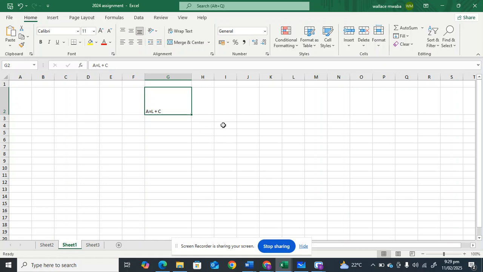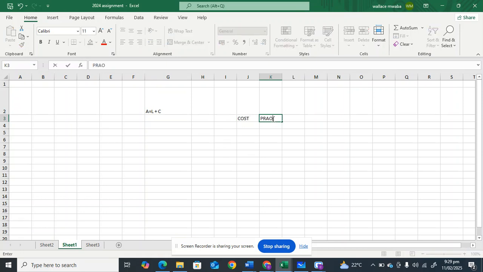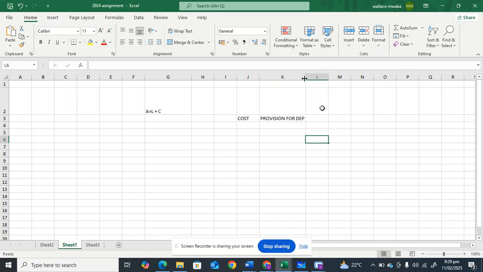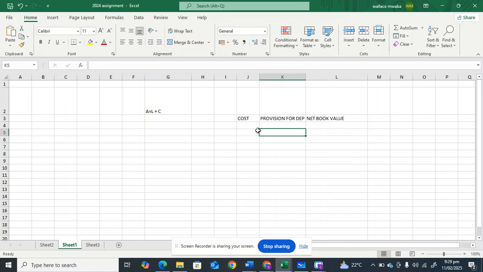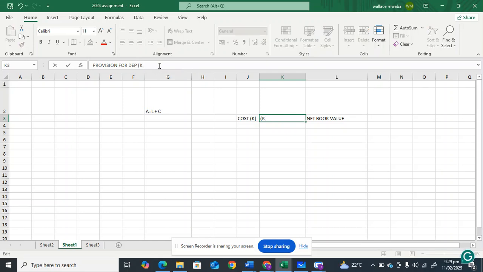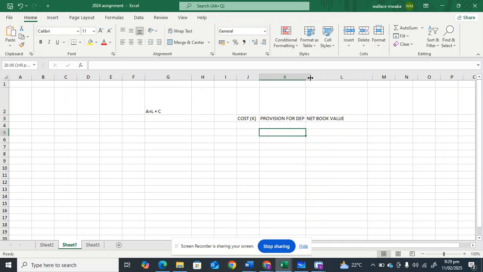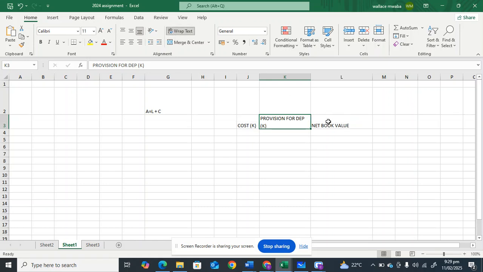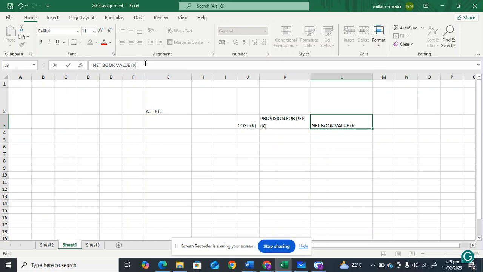So let's start. Let me just put the format for the balance sheet. All right.